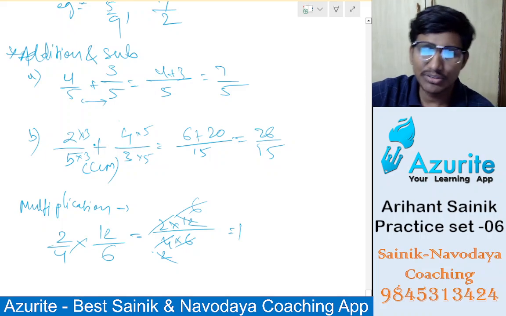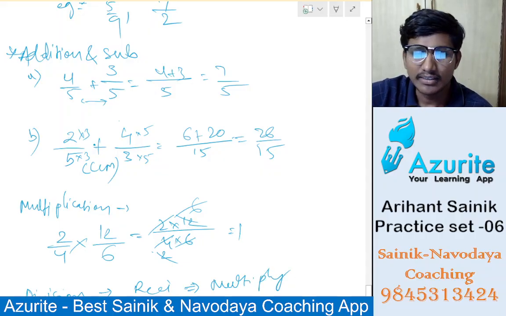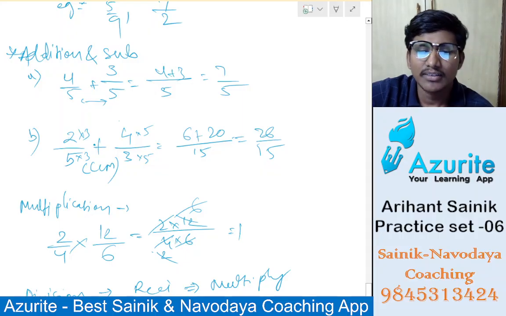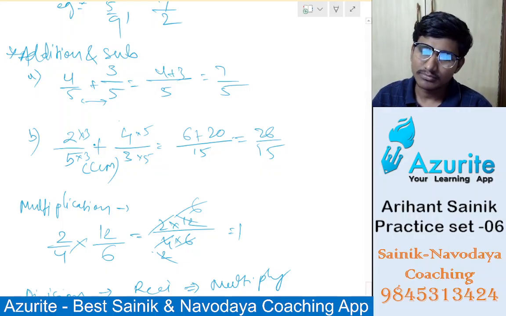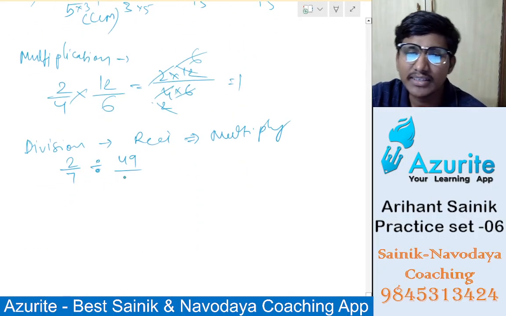Understand? Now division. For division, what do we have to do? Take the reciprocal, and we have to multiply. So here 2 by 7 divided by 49 by 4.